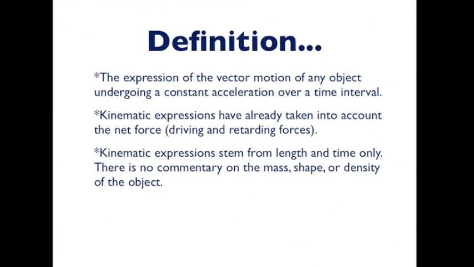Now, kinematic expressions already take into account the net force, the driving and the retarding forces. You'll see in just a moment that there's no mention of forces anywhere. These really are the result of the net force, what happens because of a net force acting on an object. You learned in previous years that when you have an unbalanced force on an object, it will accelerate in a certain direction.